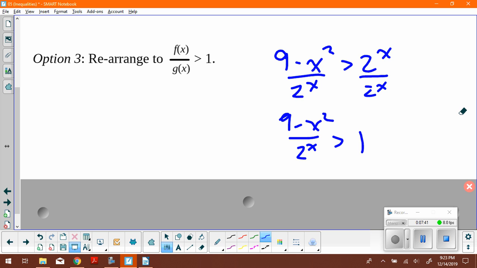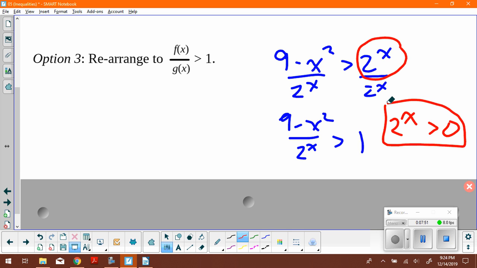This works well because 2 to the x is always positive. You might remember from when we were doing this stuff with rationals, if you're multiplying or dividing an inequality by a negative amount, it flips the sign of the inequality.